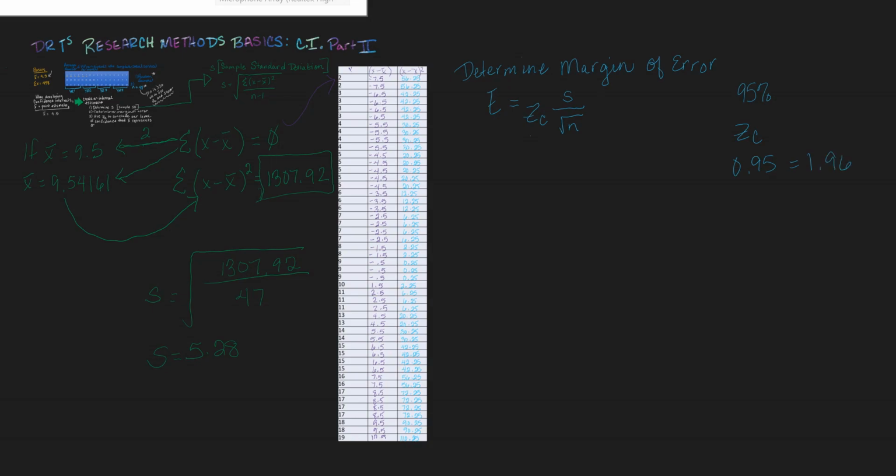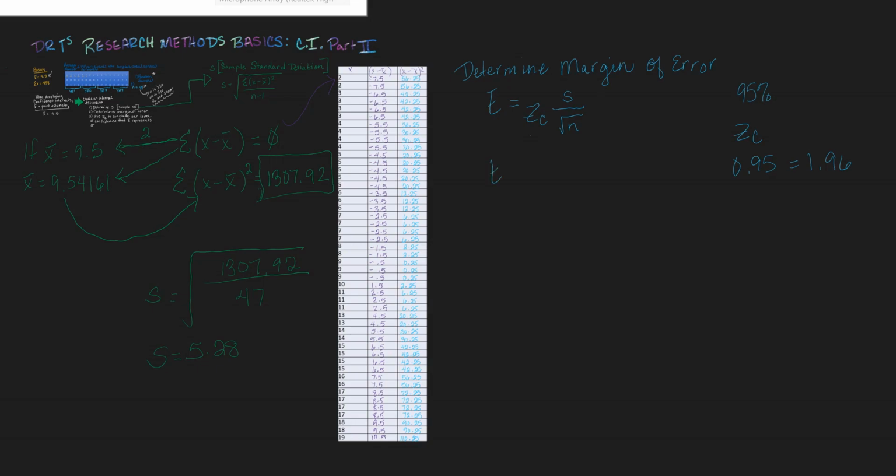If you're wondering where I got the z critical value, you can either find it on the Z table that I have uploaded into your course, or it's something that we've memorized because, at least in criminology and criminal justice, we're usually dealing with large samples, over 30, and the Z critical values don't change when you have a random representative sample that's greater than 30. So if I want to say I'm 95% confident, I'm going to use the 1.96.